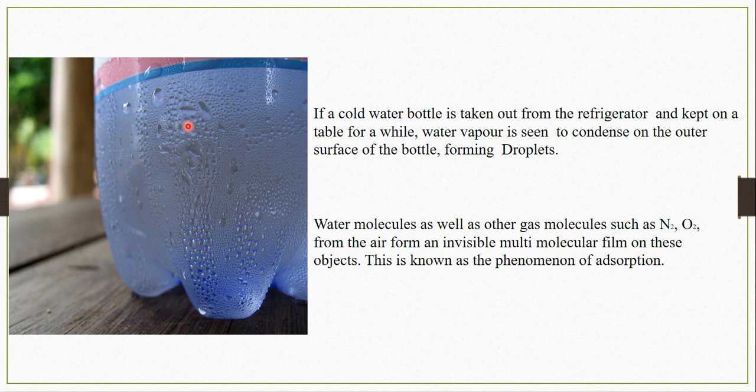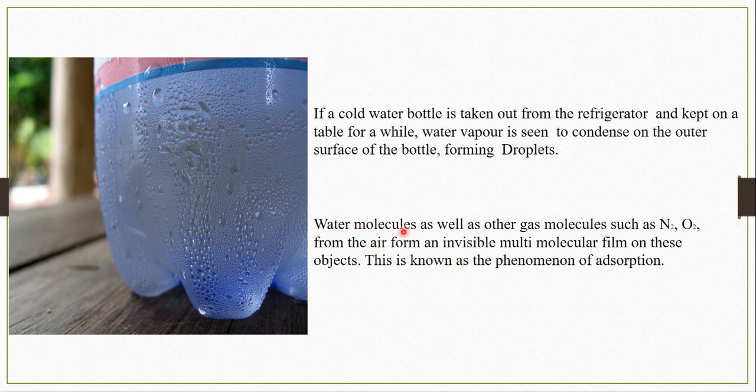Water molecules as well as different gas molecules such as nitrogen and oxygen form the air, and an invisible multimolecular film forms on this object, and this phenomenon is known as adsorption.